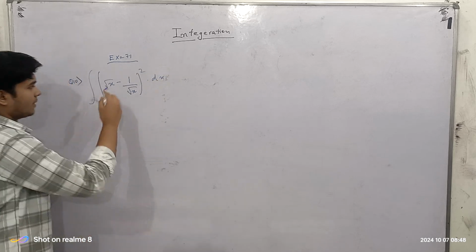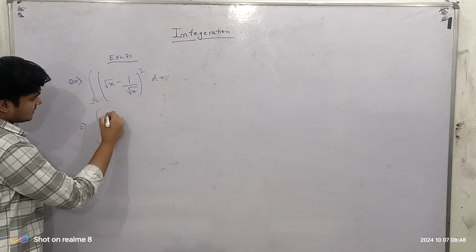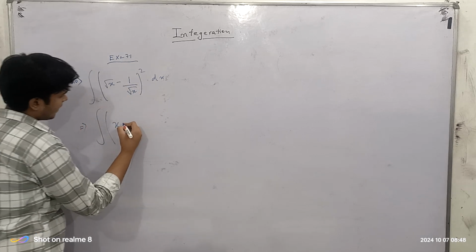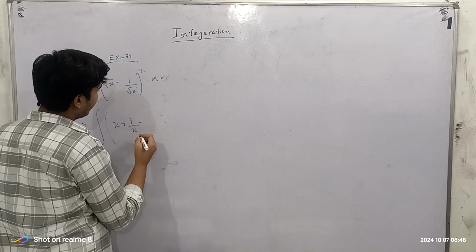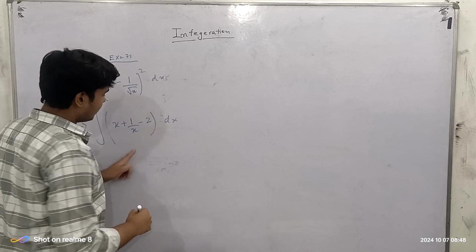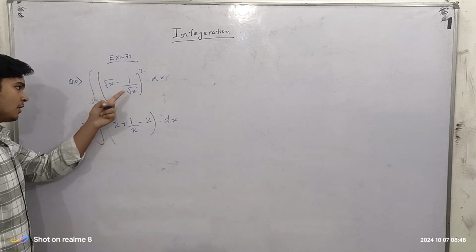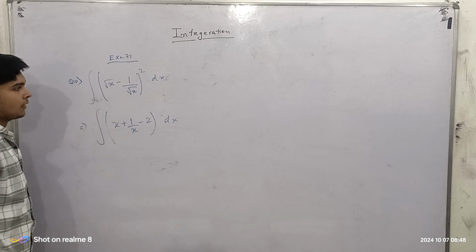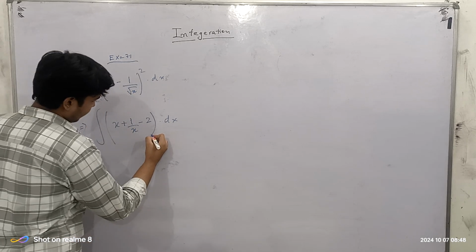First, (a minus b) whole square: a square minus 2ab plus b square. We simply put it like this: x minus 2ab plus 1 by x. This becomes a square minus b square, square root of x whole square is x, 1 by square root of x whole square is 1 by x, 2ab: the 2 square roots of x cancel, 2 will be left.